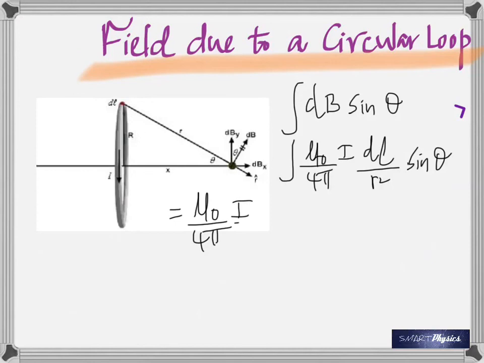I'm going to make two substitutions. One I've already told you. Before I show you the next substitution, somebody look at this right angle triangle, tell me what sine theta is. I'm struggling to get a sine theta.